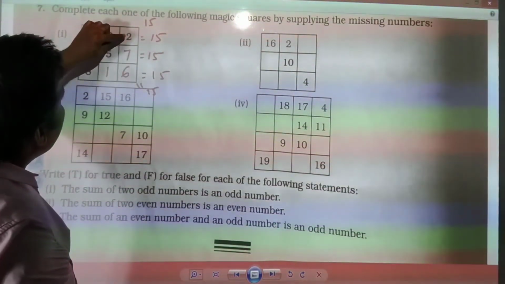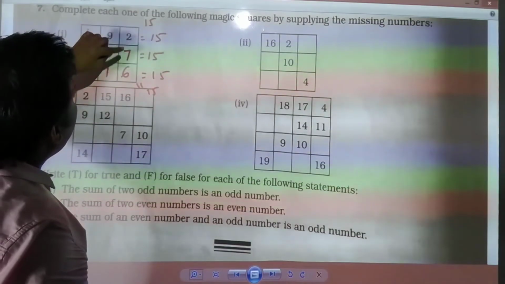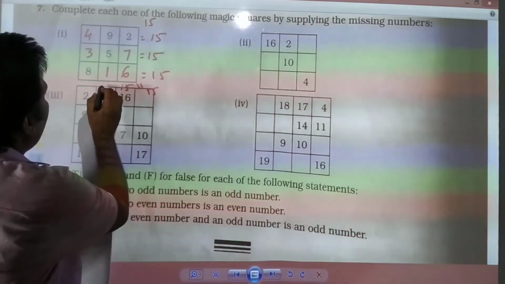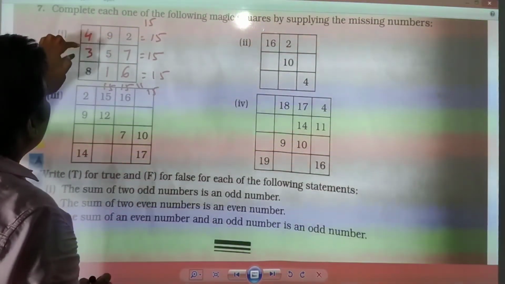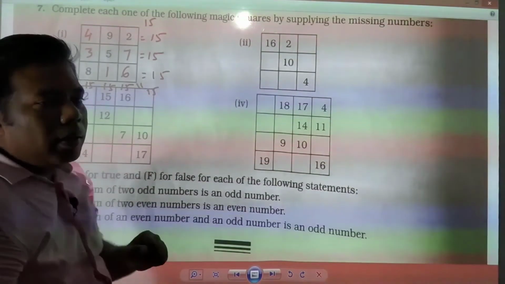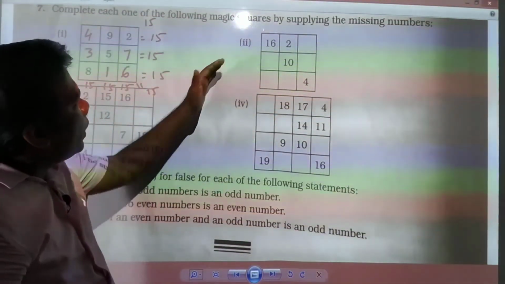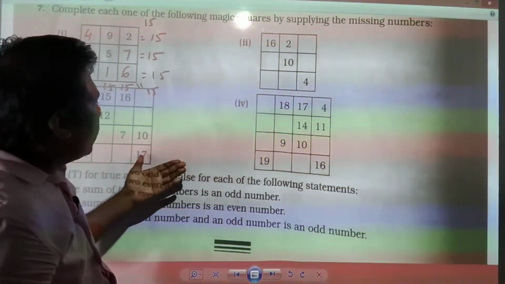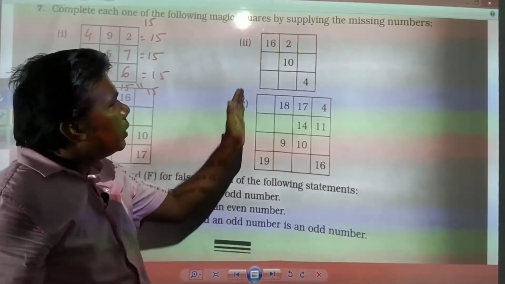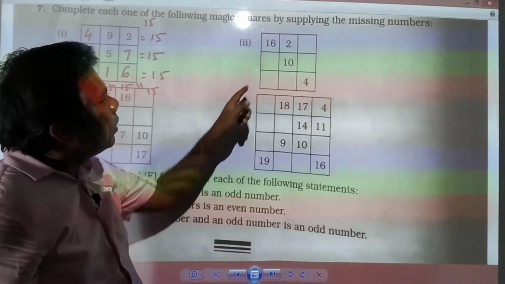Vertically you check: 7 and 2 is 9 and 6 is 15, 9 and 5 is 14 and 1 is 15, 8 and 4 is 12 and 3 is 15. So in the three vertical lines also you have got 15. In the same way these questions also are required to be solved. I think you must have solved them also. If you have not solved, just try to solve by yourself.